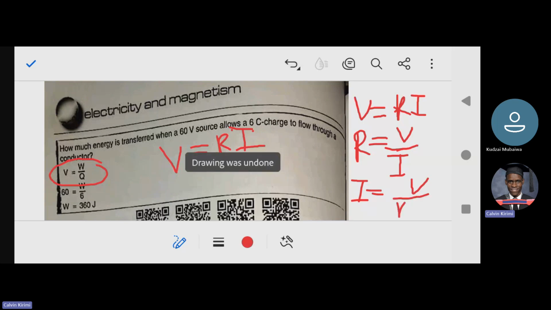So when we come to this formula, voltage is equal to resistance times current.